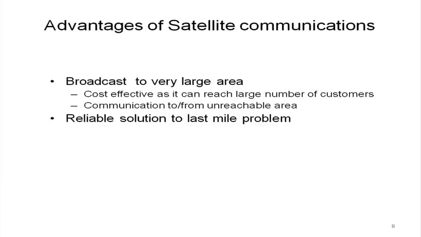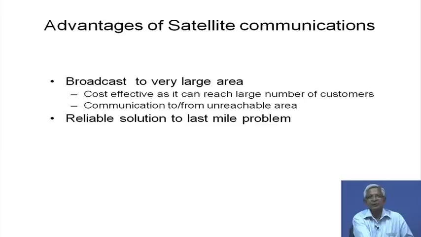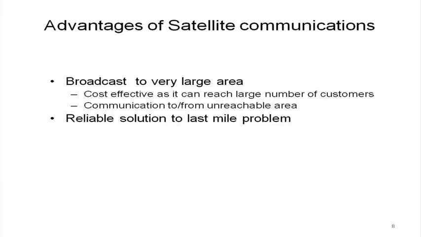Then another thing is that it is a reliable solution to the last mile problem. This is a very interesting thing. The last mile problem is from the last exchange to your place where your computer or telephone is; that is called the last mile. That junction problem is a serious problem, and with satellite directly, since you are not using any local wire or small local transmission where multipath and other effects come in, and the satellite is vertically above you, this last mile problem is much less.